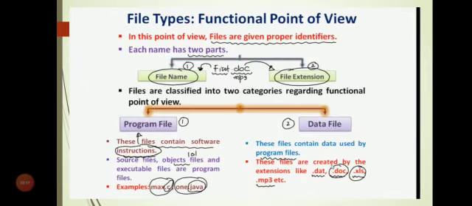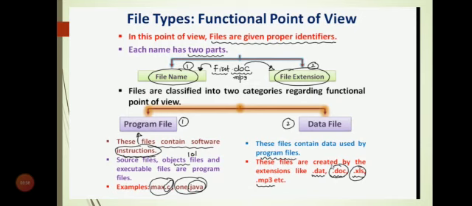And now the file types from the functional point of view. In this point of view, files are given proper identifiers, and each name has two parts: the file name and the file extension.